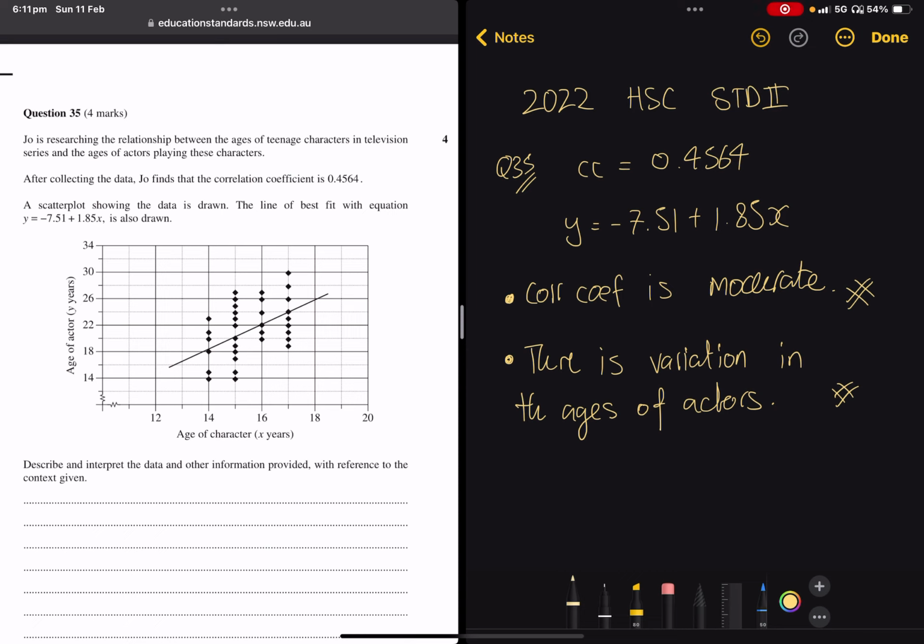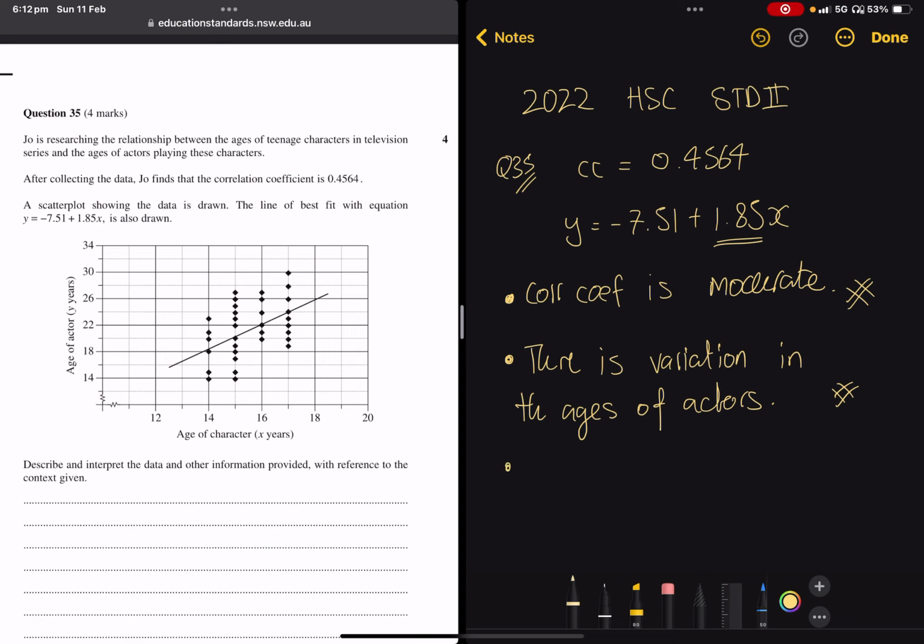If we look at the line of best fit, y equals minus 7.51 plus 1.85x, this slope, the 1.85, tells us that for each year older the character is, the actors tend to be about 2 years older.